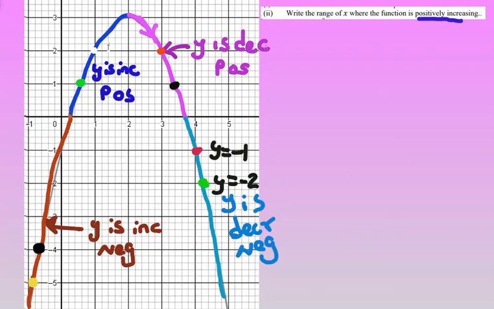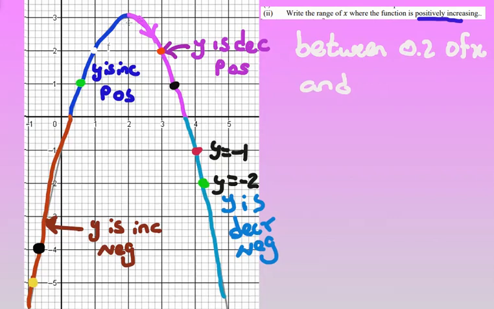0.2. So we can say it's a range. Let's use the word between 0.2 of x and, when is this behavior stopping? What behavior? The behavior of positively increasing. Where is it stopping? At the turning point.